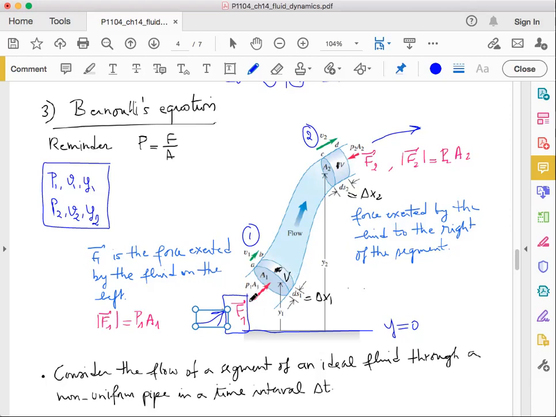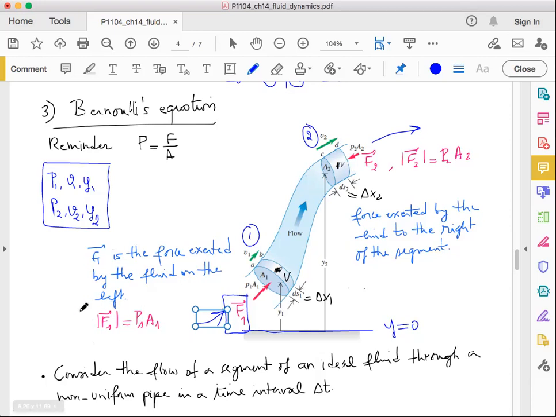And this force F1 is perpendicular to the surface, as we know from chapter 14 when we discussed fluid statics, that the force exerted by a fluid is perpendicular to the surface of contact with the object, which is in this case our sample in the tube. The magnitude of this force is nothing else than P1 times A1.